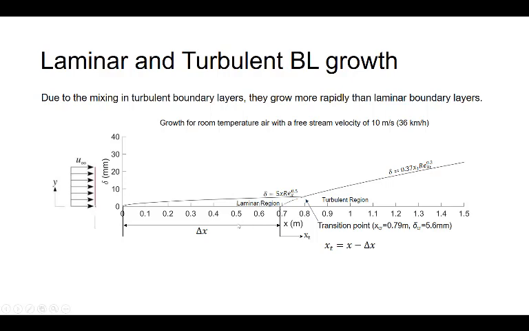One can determine this distance by linking the laminar boundary layer thickness and the turbulent boundary layer thickness at this particular point. The laminar and turbulent boundary layers must be equal at this location, which allows us to determine what the value of this delta x is. When calculating the thickness of mixed boundary layers after the transition point, one must accomplish this matching of the two equations in order to correctly calculate the boundary layer thickness.